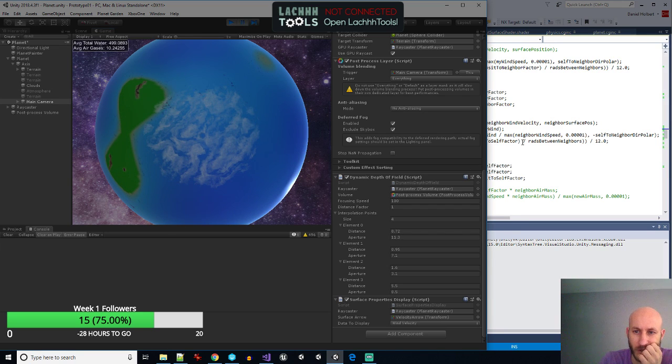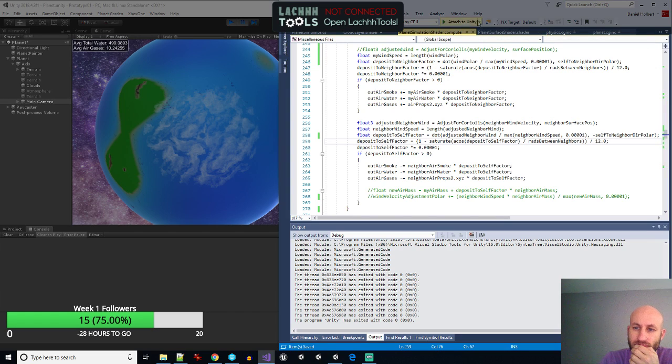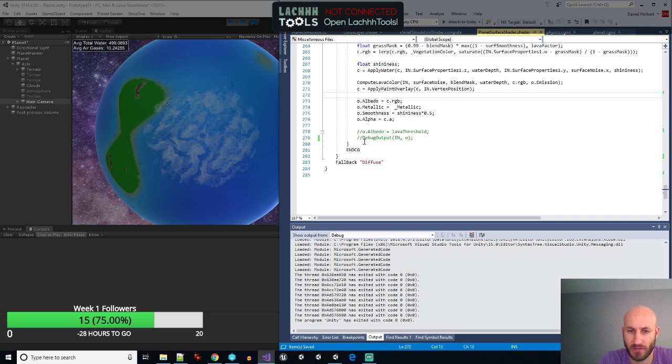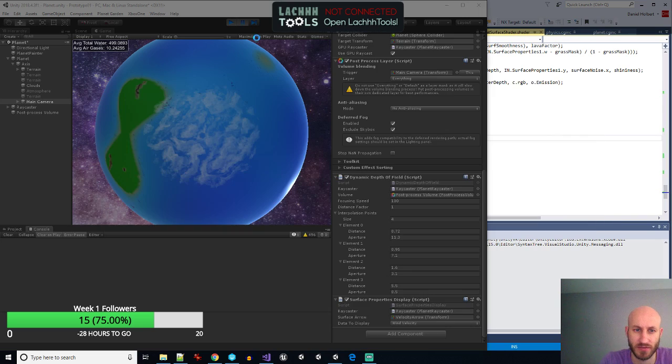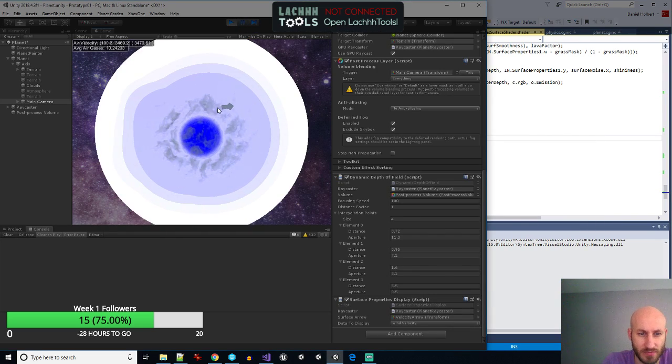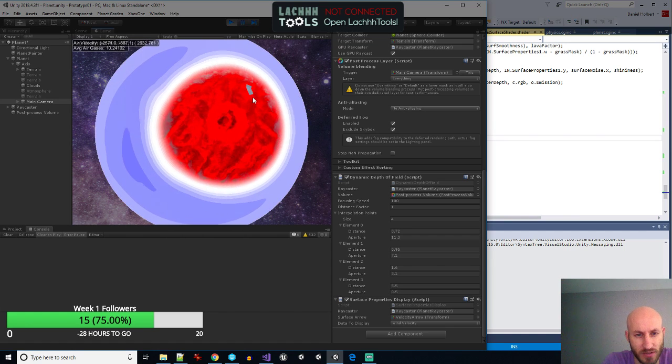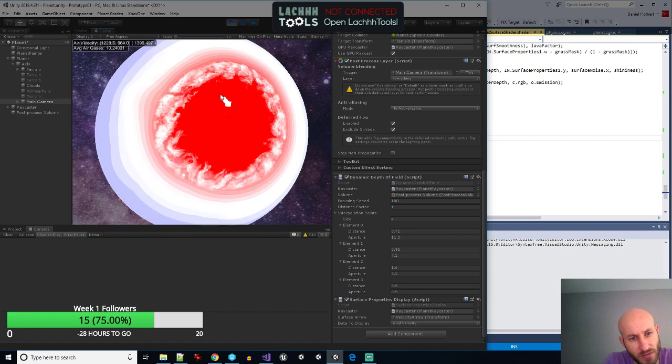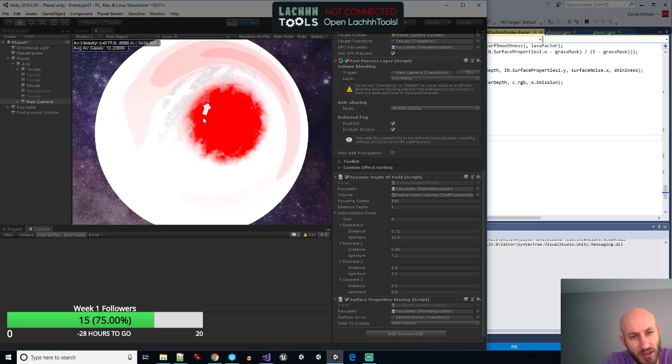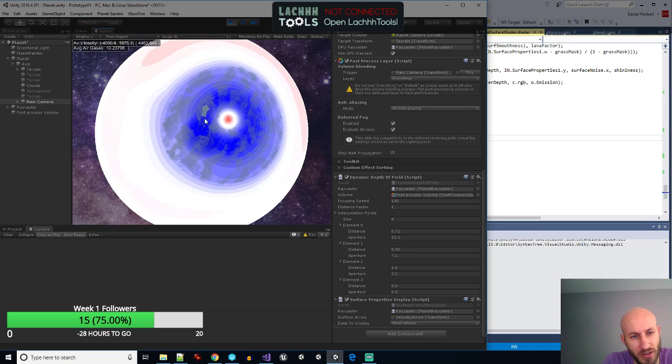So I want to look back at my visualization for the air pressure. I'm getting some wind going in toward the volcano, which is a little weird.